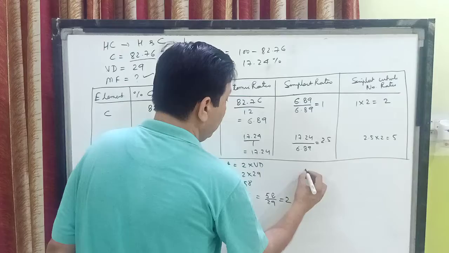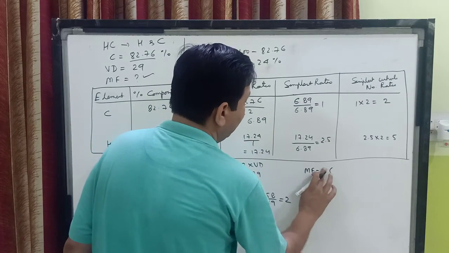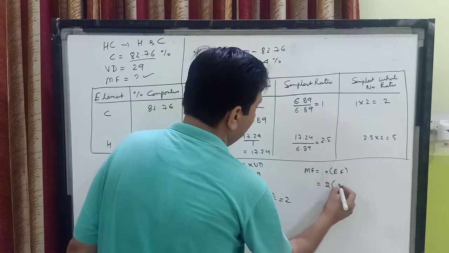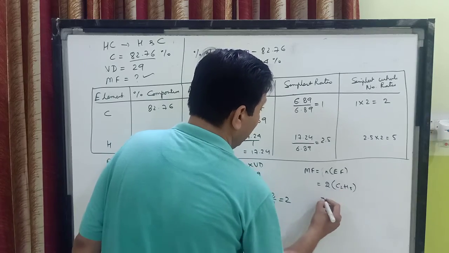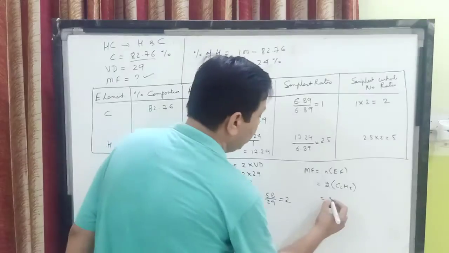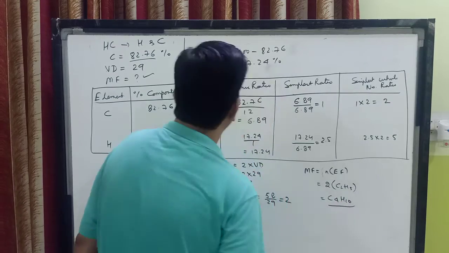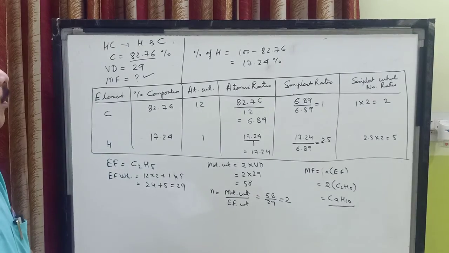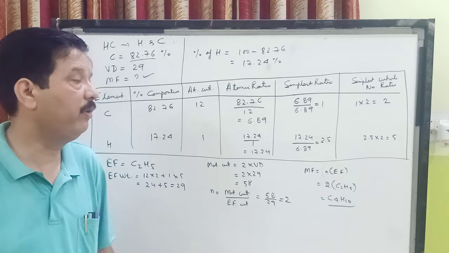And children, the molecular formula which is asked is N times the empirical formula, which is C2H5. And if you multiply all these by 2, it comes out to be C4H10. And this is the value which was asked in this question. So we have calculated the molecular formula of an organic compound, a hydrocarbon.